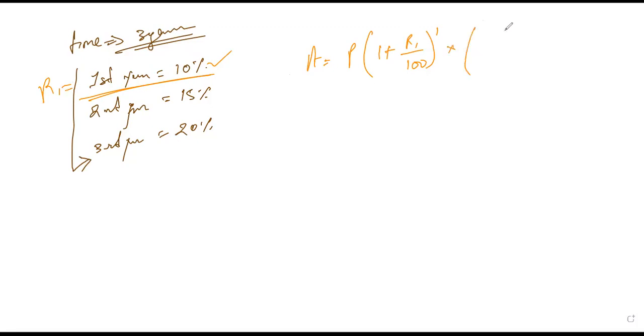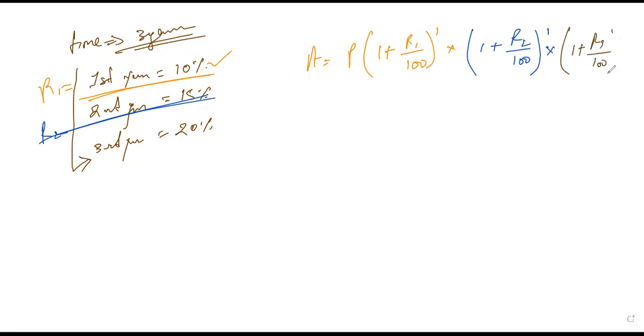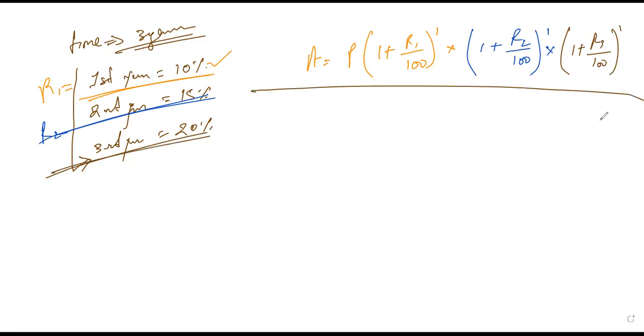Into I will go for the second condition, 1 plus R2 by 100 with again 1, because this is again for 1 year only. This is R2. And then I will go for the third condition, 1 plus R3 by 100 and again 1. This is for the third year. Like this we will solve it and then we will get the final answer. This is the method which you have to use for solving the question.